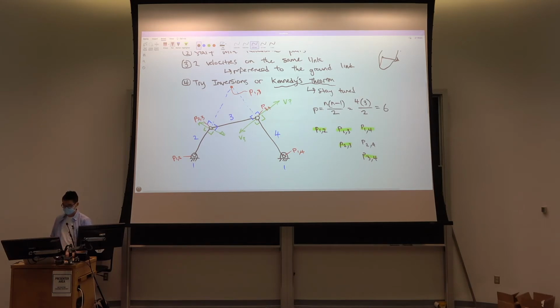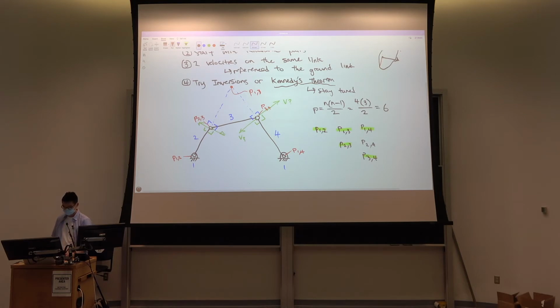So P13 means it's a relation between the ground link and link 3, okay? And these green velocity vectors that I drew in here, those are the velocities of the endpoints of link 3 relative to ground. So if those are the velocities of link 3 relative to ground, then it makes sense that it's the instance center between ground and link 3. I hope that makes sense. Yeah, it makes sense. Thank you.